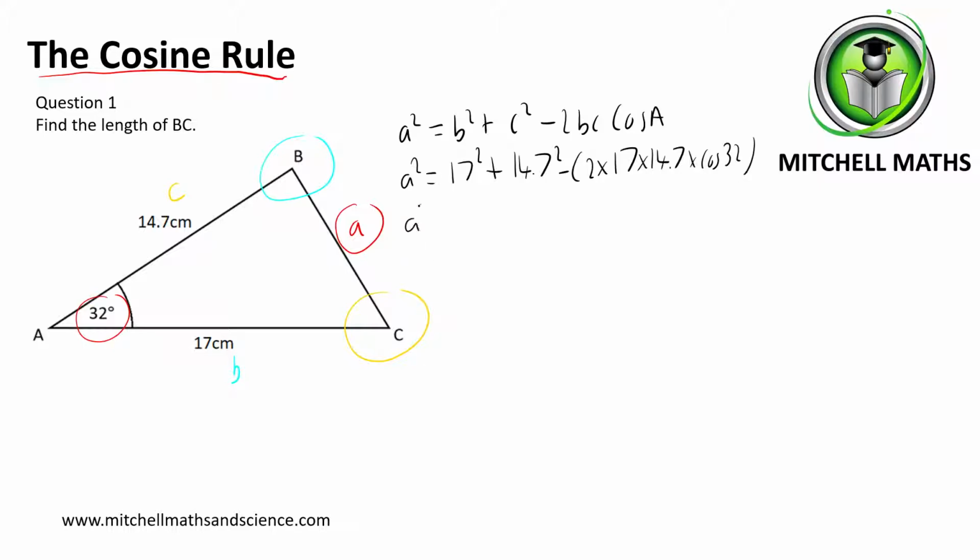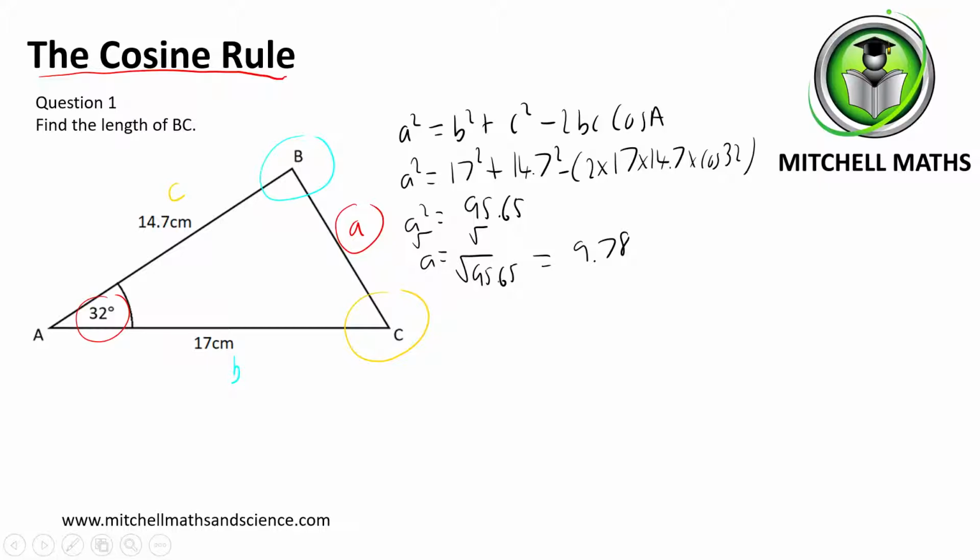And if you put that into your calculator, what you will get is 95.65. That's a squared. In order to find the length of this side, you need to square root both sides. And the square root of 95.65 is 9.78. So that's how you use cosine rule to find a side.